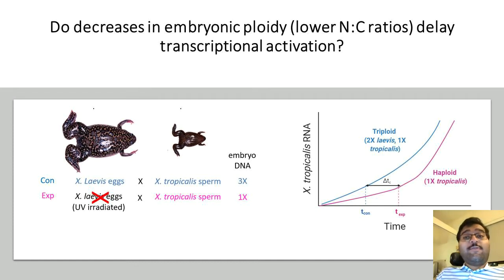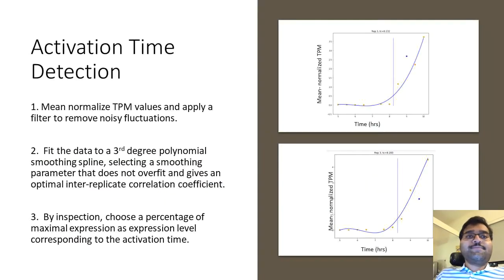And if an increase in the nuclear to cytoplasmic ratio does indeed underlie the MZT, we would anticipate that the haploid embryos, the experimental embryos, would activate later than the triploid embryos because the haploid condition has a lower nuclear to cytoplasmic ratio than the triploid.